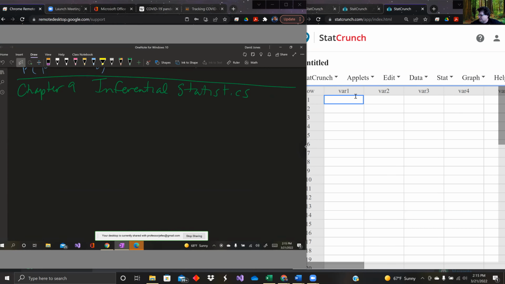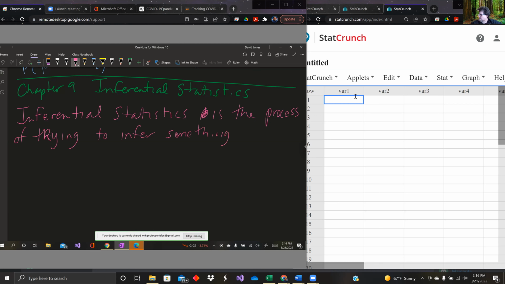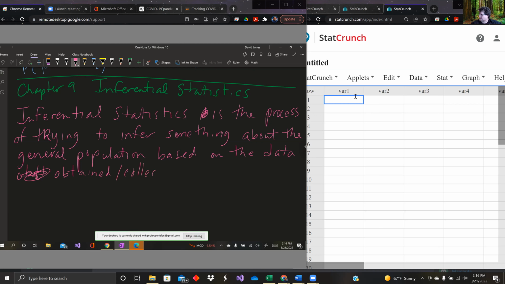Inferential statistics is the process of trying to infer something about the general population based on some data obtained or collected from a sample.